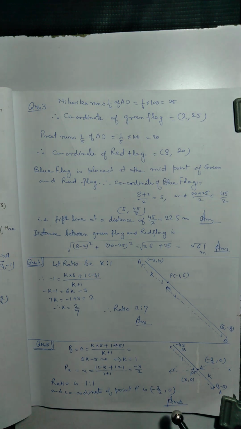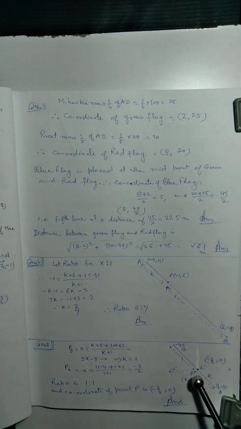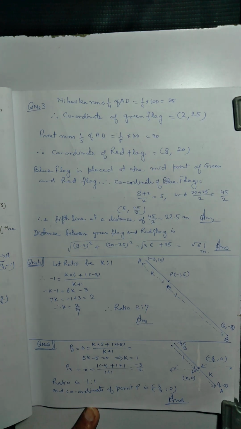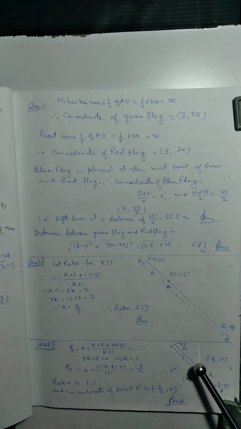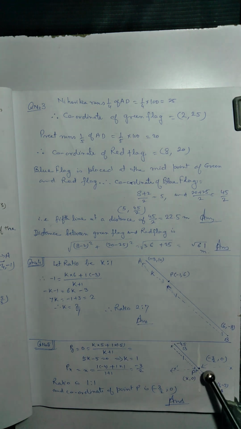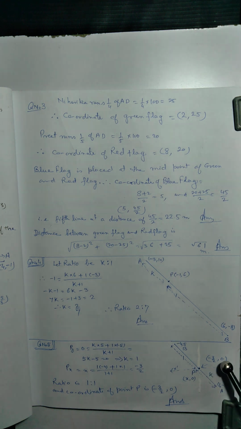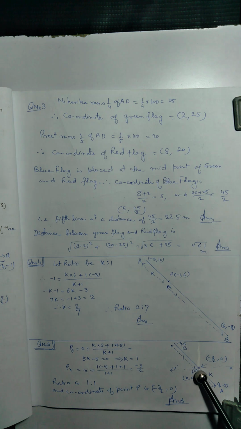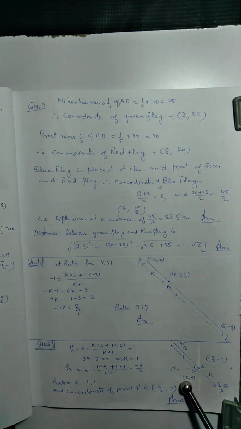You see, there is a line segment AB, where the coordinate of A is (1, minus 5) and the coordinate of B is (minus 4, 5). Here the point P divides the segment, and it lies on the x-axis, so hence the ordinate will be equal to 0.